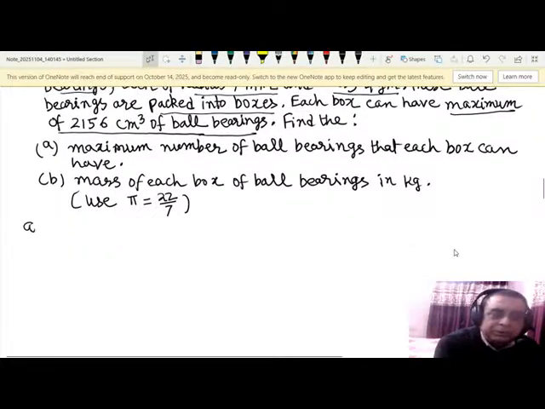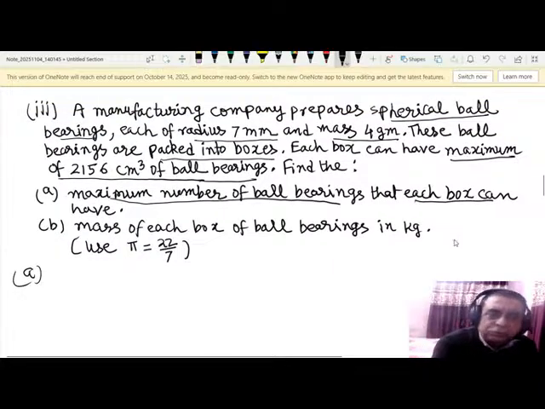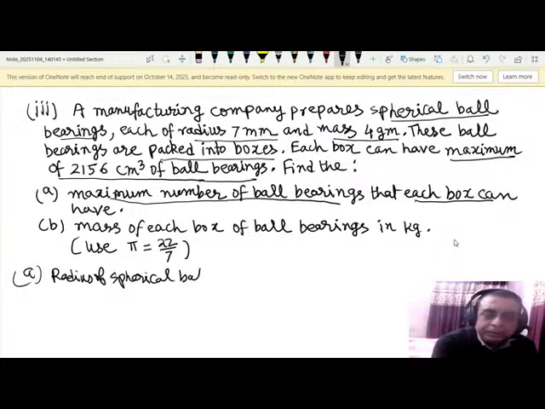So first we are doing the A part, the maximum number of ball bearings that each box can hold. Now in the question we are told the radius of the spherical ball bearing. We are denoting that radius by a small letter r.